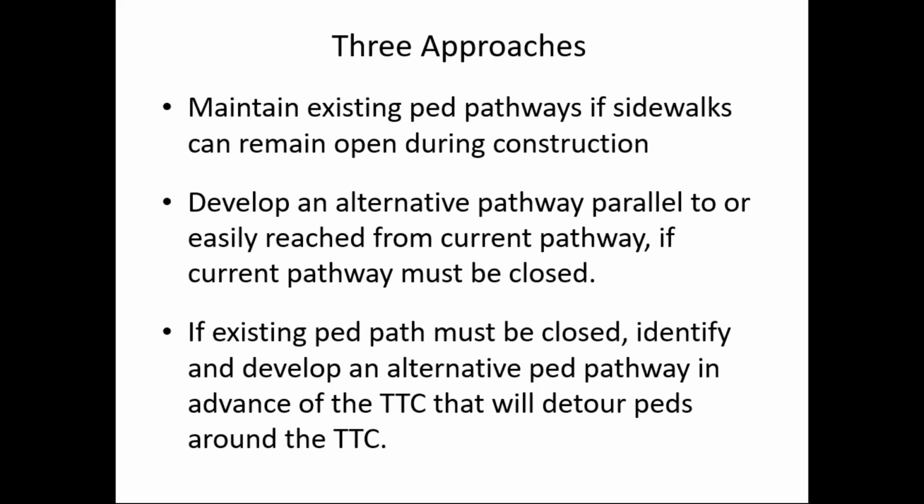If we can't do that, can we develop an alternate pathway that's parallel to and easily reached from the current pathway, like maybe detouring pedestrians into what had been the parking lane along the curb? And if we can't do that, maybe we need to think about some sort of a detour, which may involve crossing the street and using the sidewalk on the other side of the street, or maybe even something more elaborate than that. But these are the 3 approaches to think about.